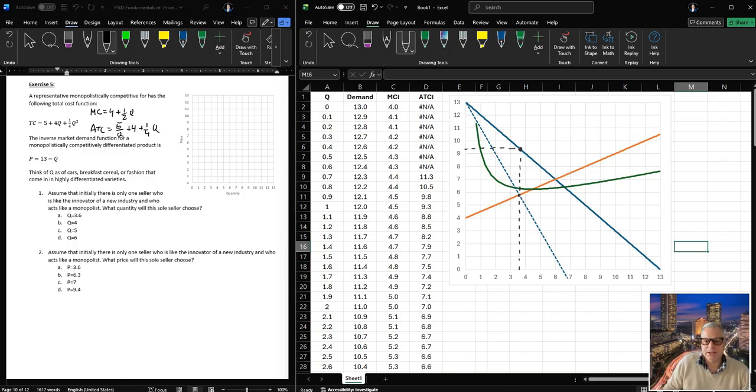Okay, so now what are these? Technically, what we need to do is equate the marginal revenue function, which we know is twice as steep as the demand function.